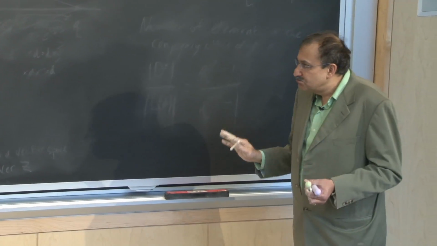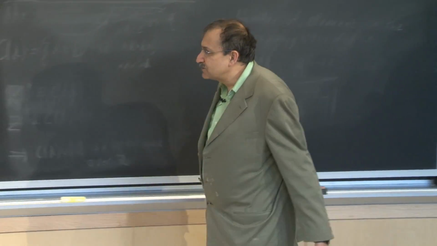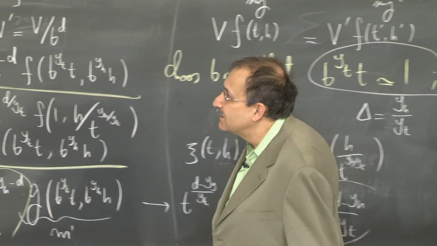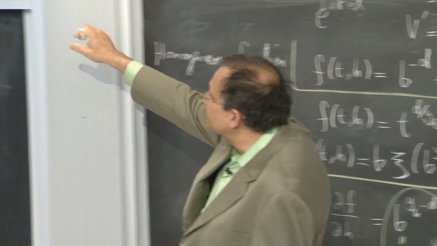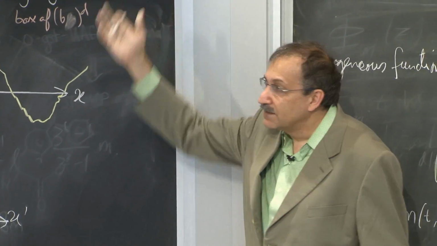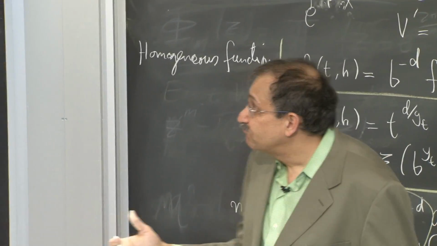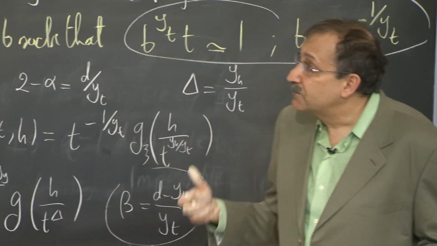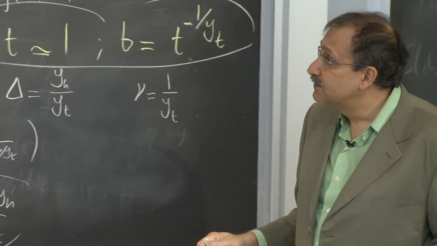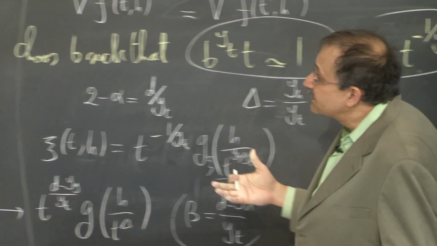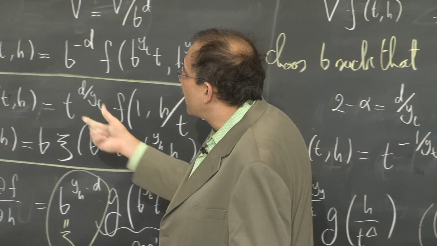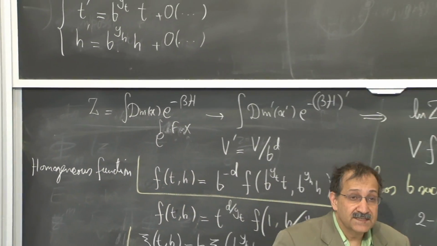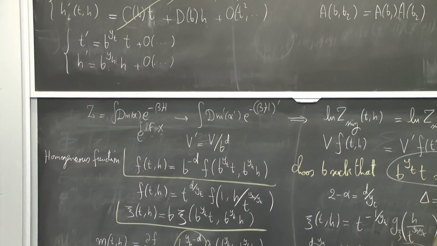So all of this is kind of nice, but it's a little bit hand-waving. I essentially traded one set of assumptions about homogeneity and scaling of free energy and correlation length for some other set of assumptions about two parameters moving away from a scale invariant critical point.